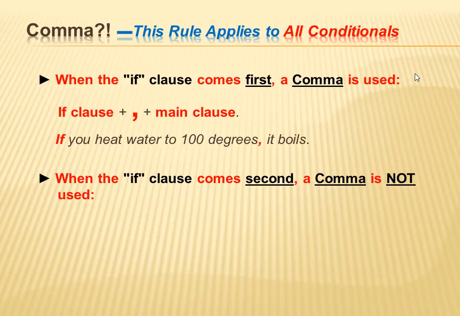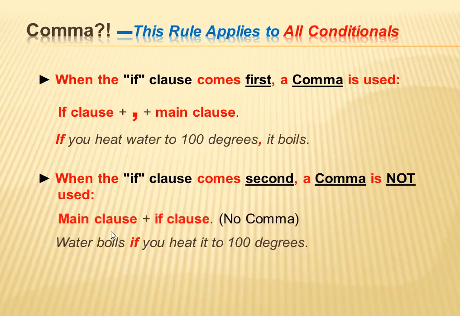When the if clause comes second, a comma is not used. The water boils if you heat it to 200 degrees. So if you use it like this, you do not use a comma. This is the comma rule in all conditionals. The form main clause plus if clause has no comma. But if the if clause is first, you have to use a comma.